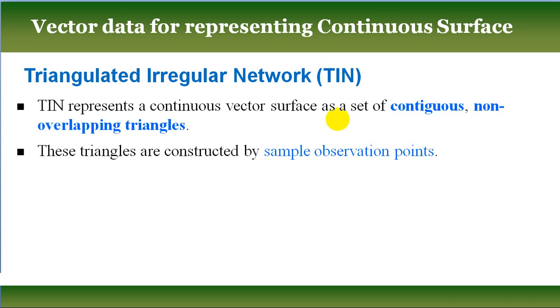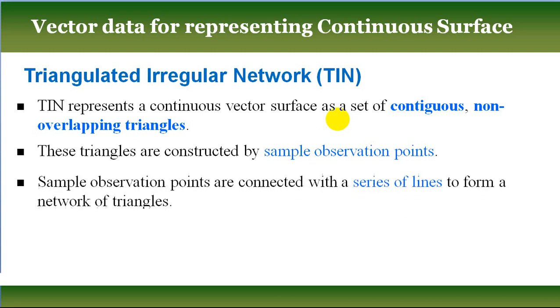Generally, we collect such sample observation points through field survey. Suppose for the city of Kolkata, we visit a few locations and collect those locations' temperature. So based on these sample observation points, we can prepare contiguous non-overlapping triangles.